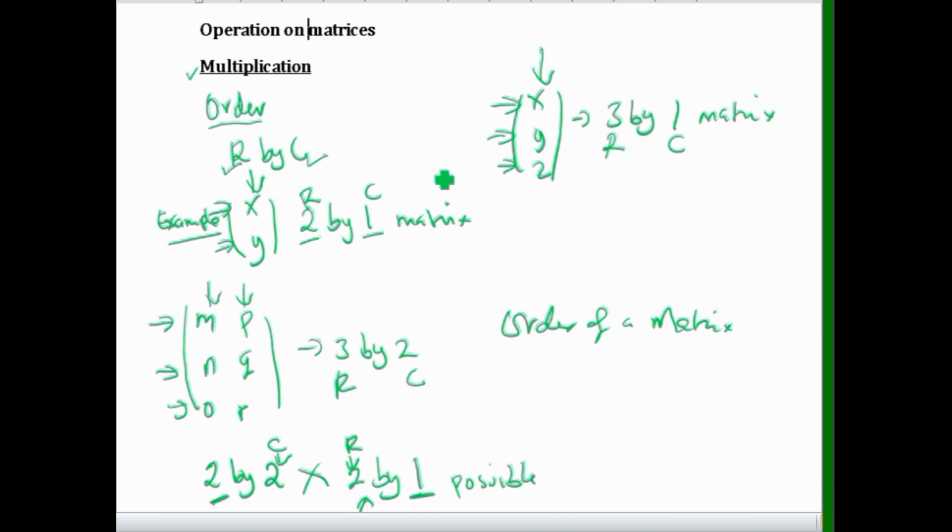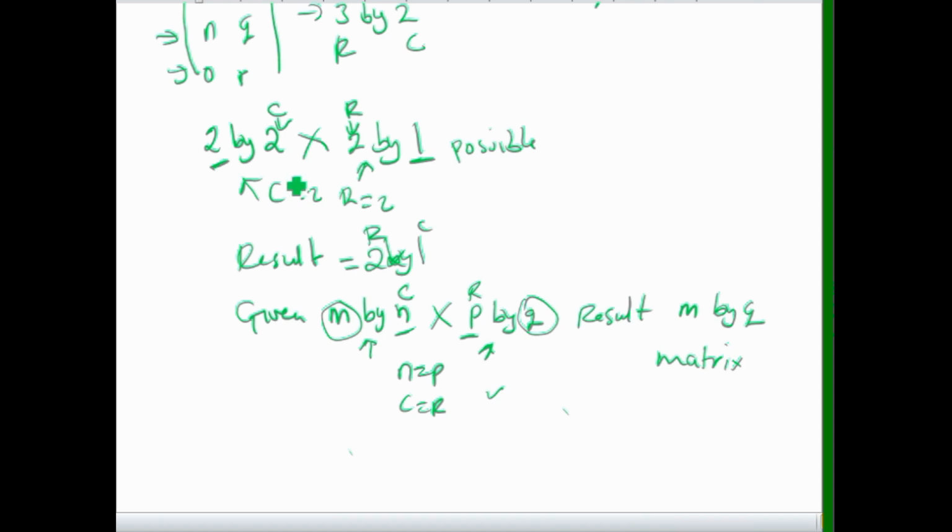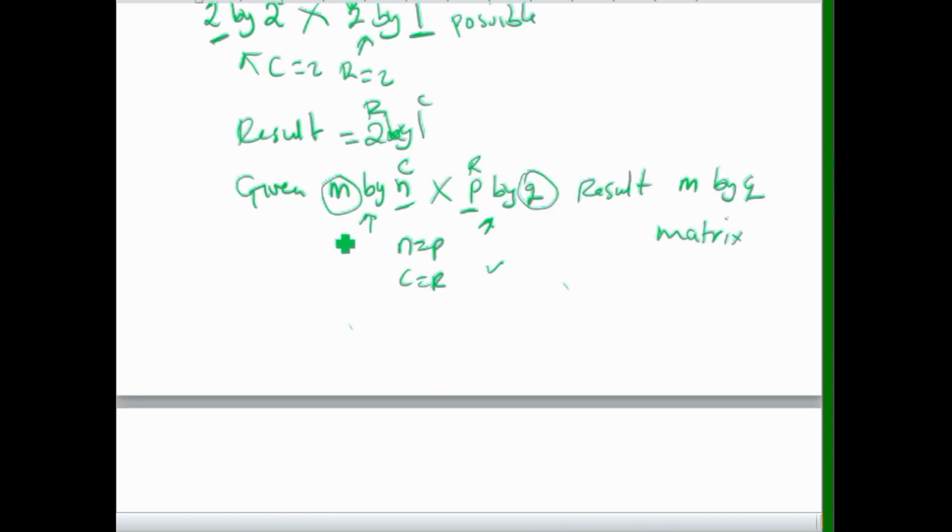I've also said that two matrices can only be multiplied when the number of columns in the first matrix equals the number of rows in the second matrix, and the result will be, just as I've shown here, M by N times P by Q, the result is M by Q. This is given that these two are equal, the columns here equal the number of rows there.